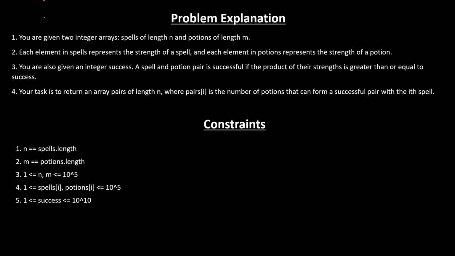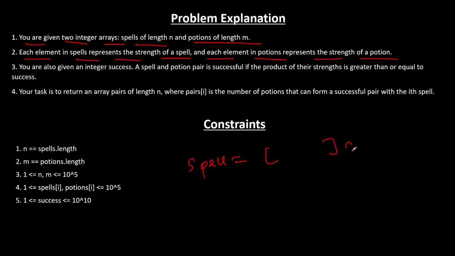So, you are given two integer arrays, spells of length n and potions of length n. Each element in spells represents the strength of a spell. Each element in potions represents the strength of a potion. So basically, you have a list of spells of size n, and each value represents the strength of the spell.